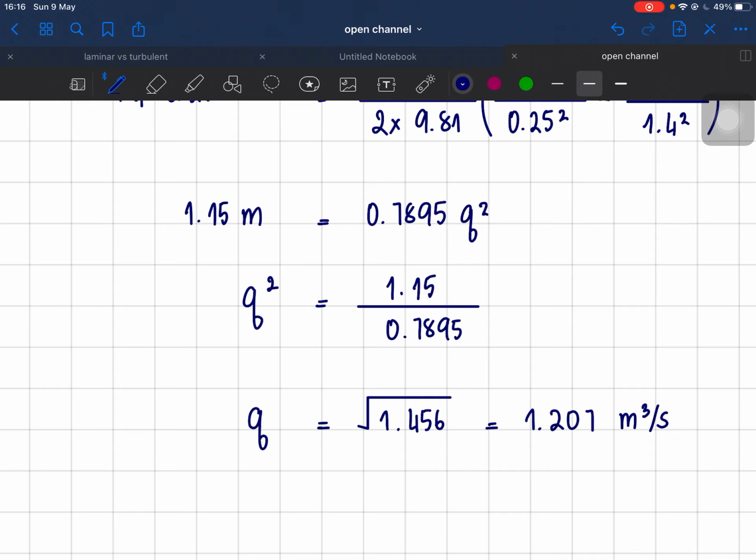So this is the answer for the flow per unit width, but we are trying to find the total discharge.